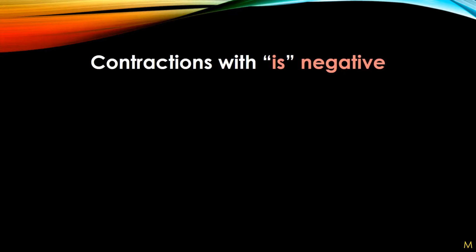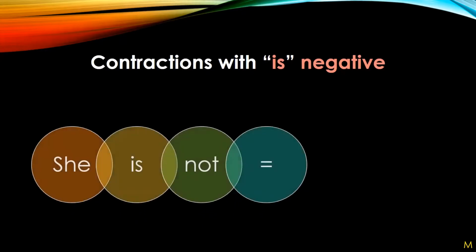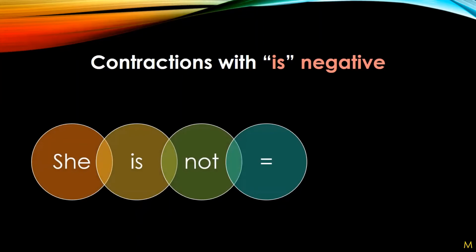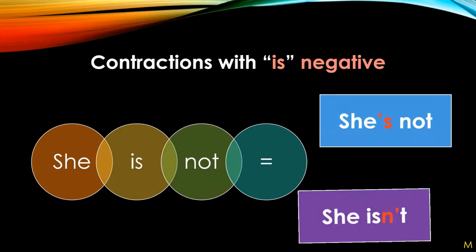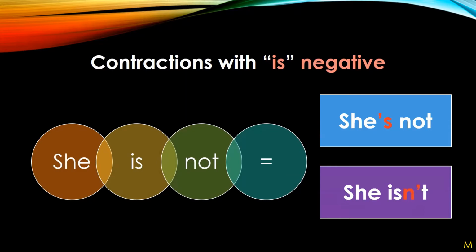So if we're going to use a pronoun with is, like she is not, we could take out the I in is, and our negative could become she's not. Or we could take out the O in not, and the negative could be she isn't. So we have two options here for how to make a contraction.